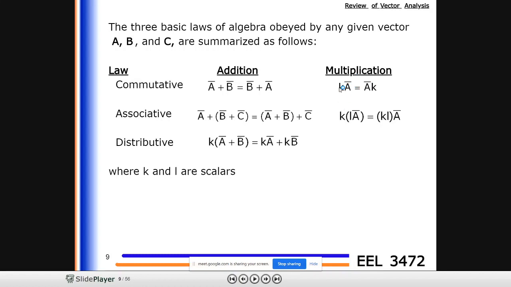K is not a vector, it is a scalar quantity, a constant. If you multiply by this, you can separately multiply and add them, and you will get the same answer. Here multiplication is given. K a vector is equal to a vector K, both are the same. Both K and I are scalars, a vector is there. You can multiply K and I first and then give it to the vector. So these rules are obeyed by any of the given vectors.